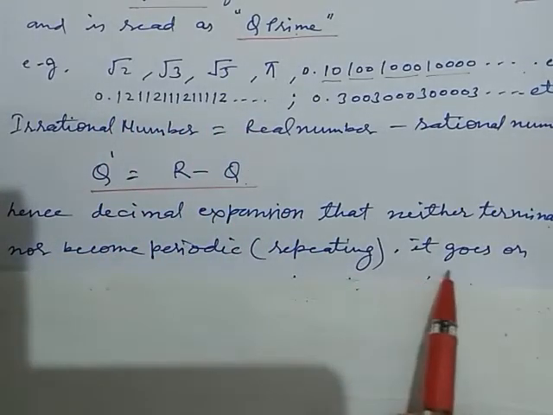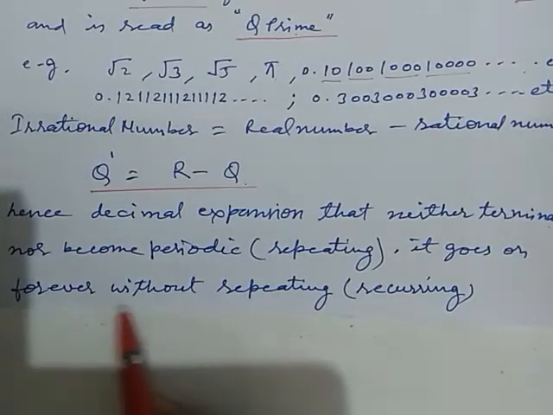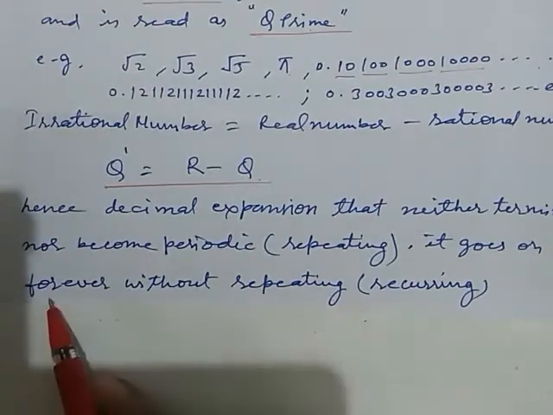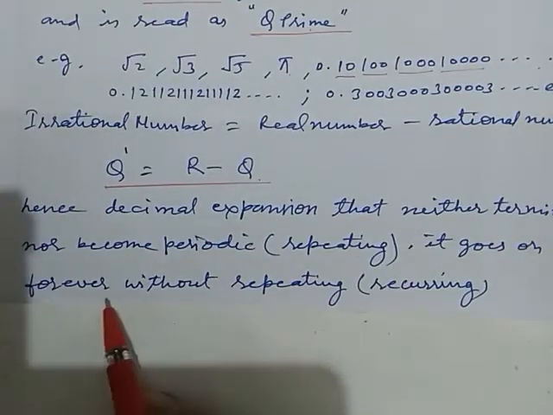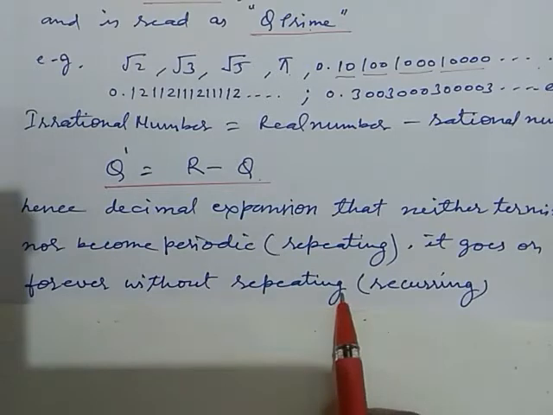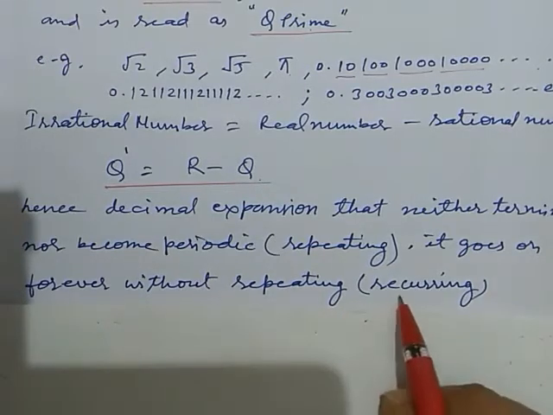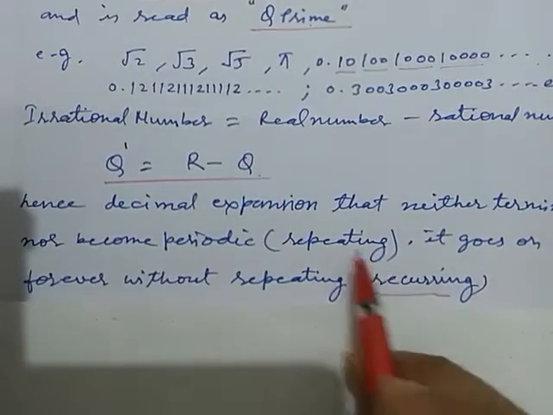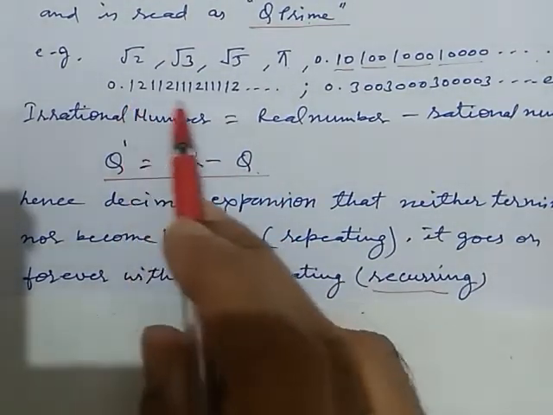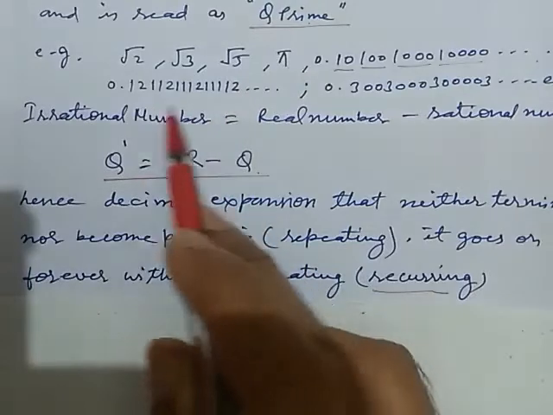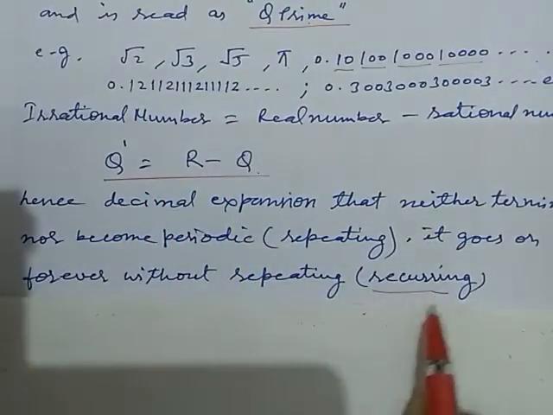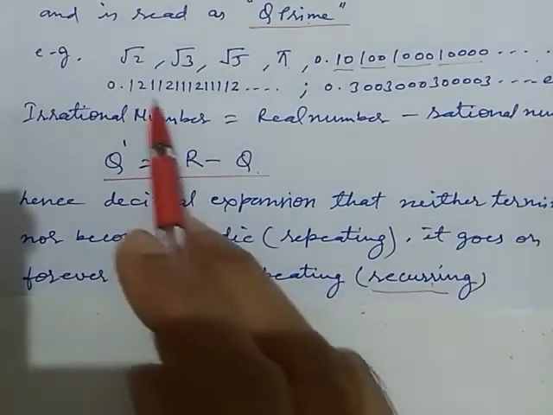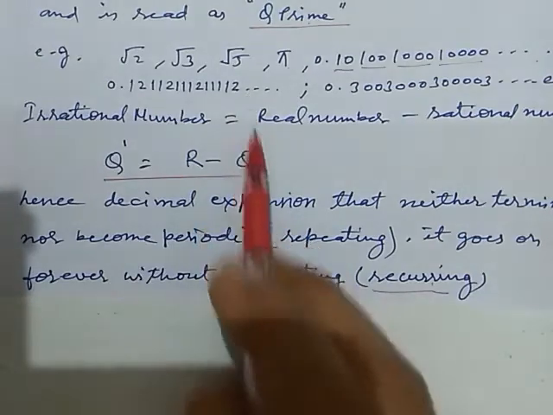It goes on forever without repeating. They have an endless string that goes on forever without recurring. So these numbers are non-terminating, non-recurring numbers. Recurring means repeating, so they are non-repeating.